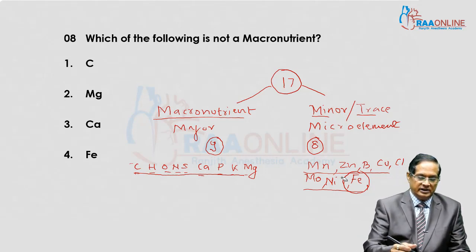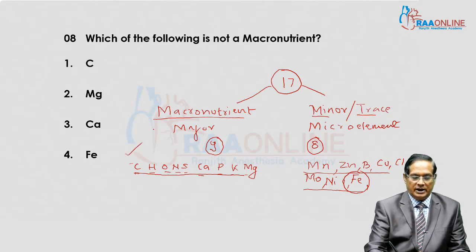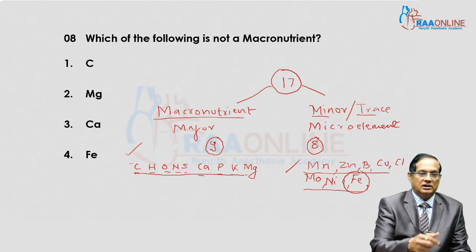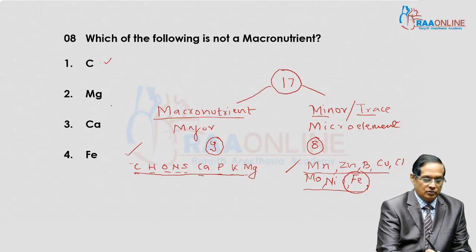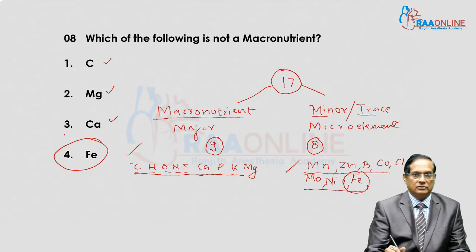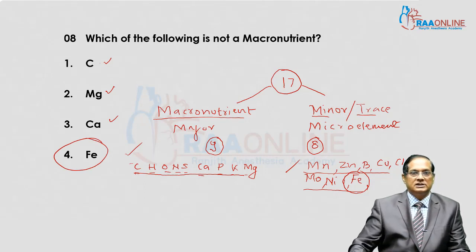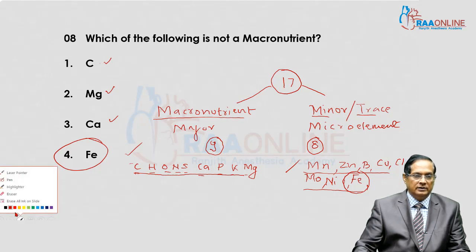So see the series, these are the macro, these are the micro, check the list: carbon, macro, macro, macro, iron is micro. The question says, which of the following is not a macro element?